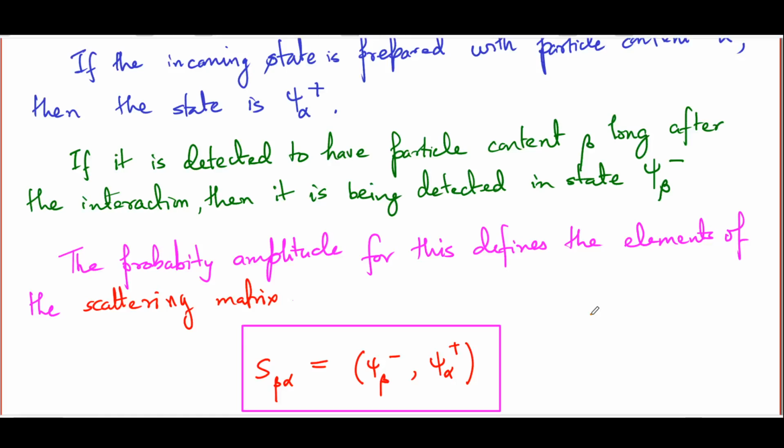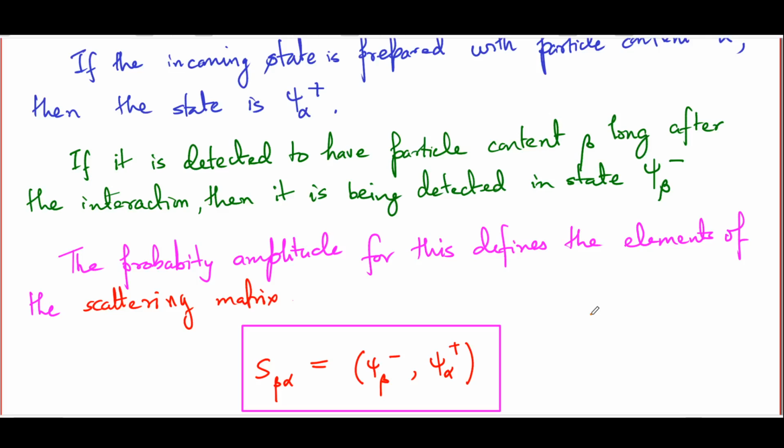At the risk of belaboring this point a bit too much, let me stress once again that when we created the system with particle content alpha in the remote past, it was in the state psi alpha plus. But not only that, it is always in the state psi alpha plus, which is why we are not saying that the system was in psi alpha plus and has evolved to something else, and then we are trying to figure out its particle content.